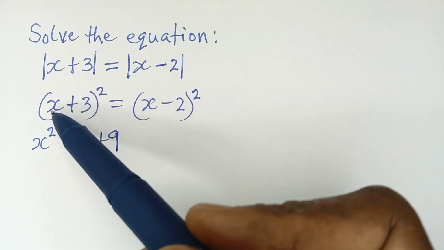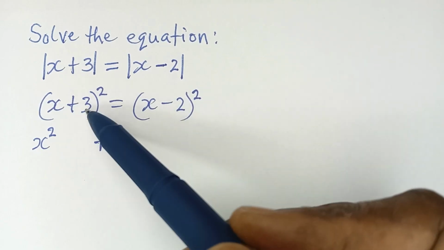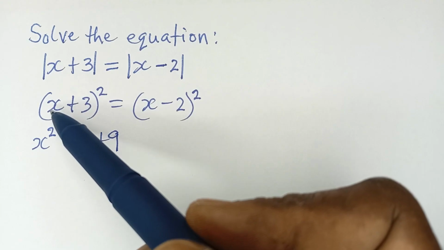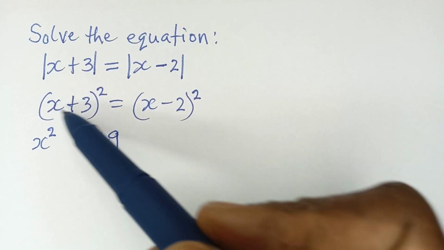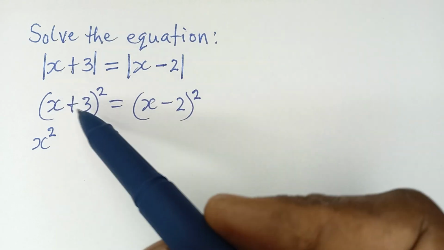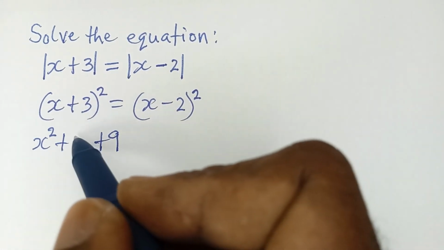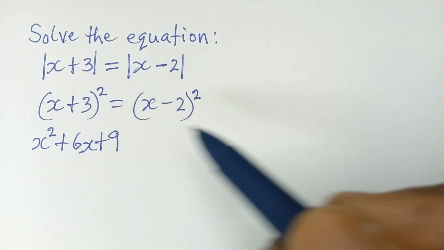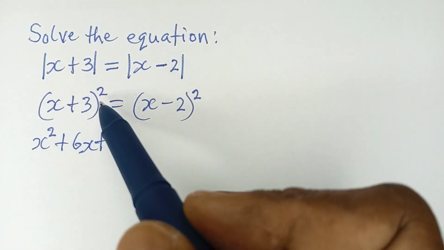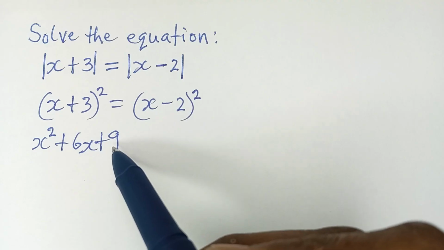So 3 multiplied by x will give us 3x. And then after multiplying it, you now multiply your value by 2. So 3x multiplied by 2 will give us positive 6x. So if you expand this bracket, you are going to get this final value.